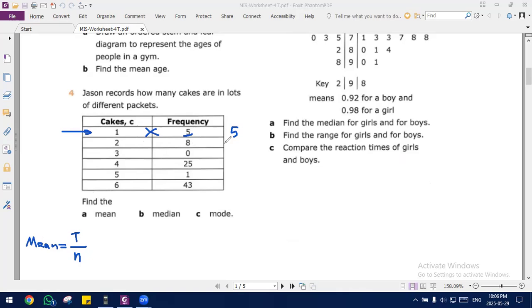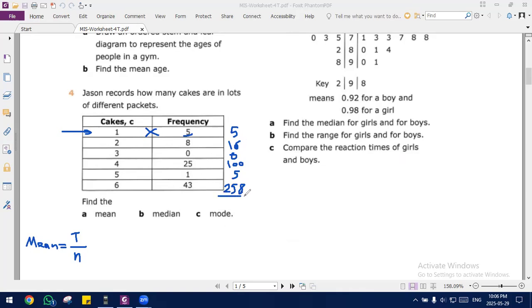Second group, 2 times 8, 16 cakes. 3 cakes, it has 0 packs, so 3 times 0 is 0. 4 times 25 is 100. 5 times 1 is 5. Now 6 times 43. 6 by 3 is 18. 8, we carry 1. 6 by 4 is 24 and 1, 25. So only the last part, 258 cakes.